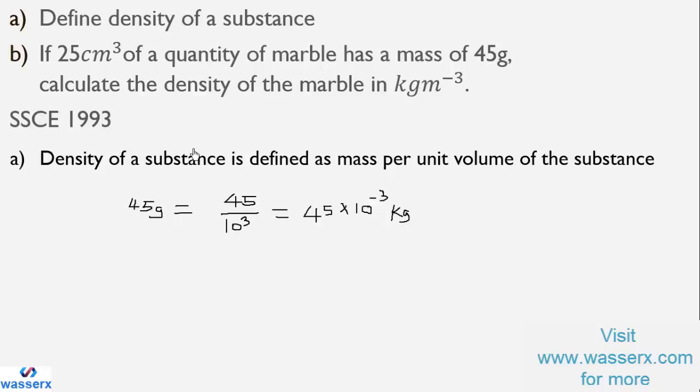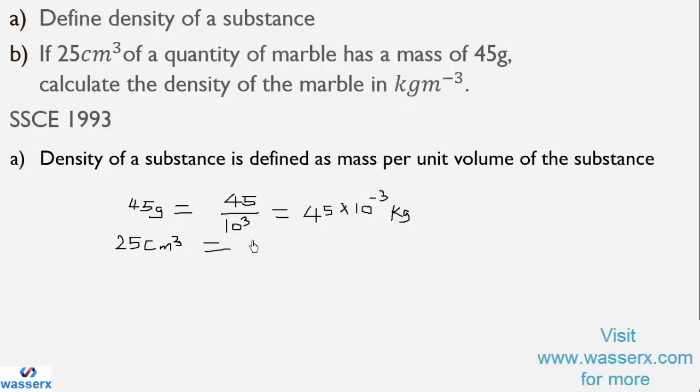And we must also convert the 25 centimeter cube to meter cube. So 25 centimeter cube, we need to convert this to meter cube.